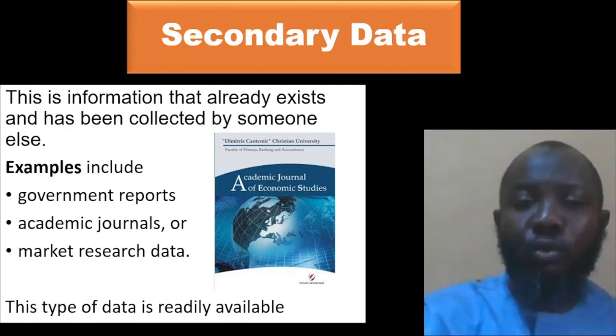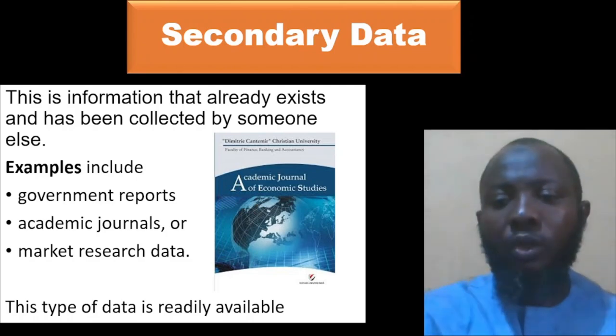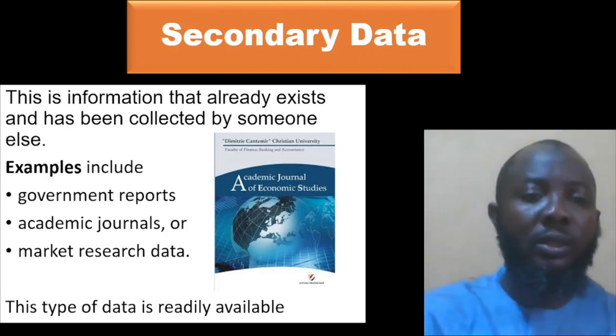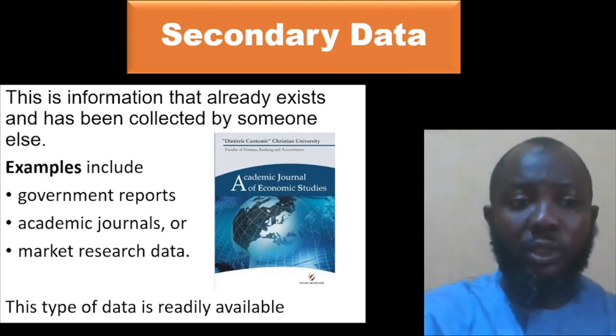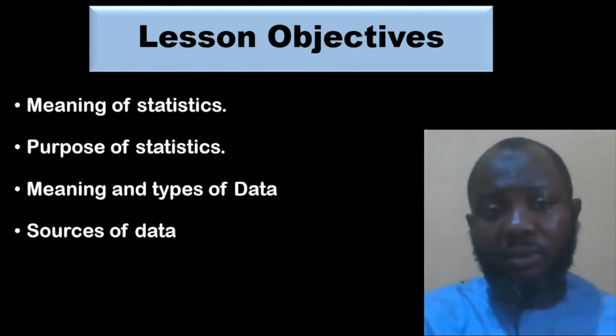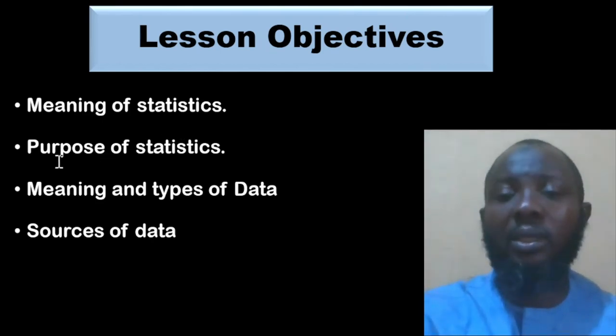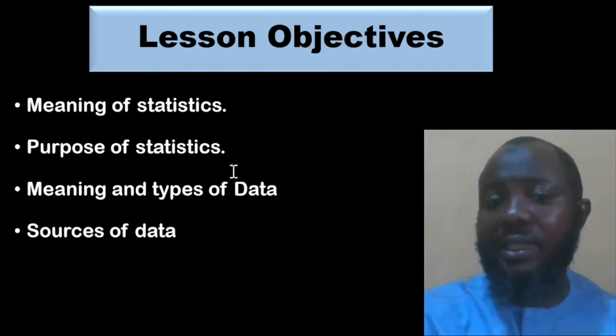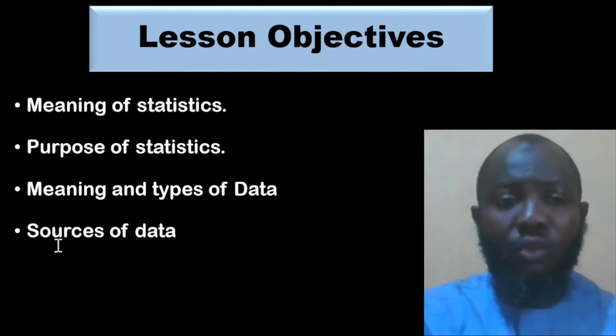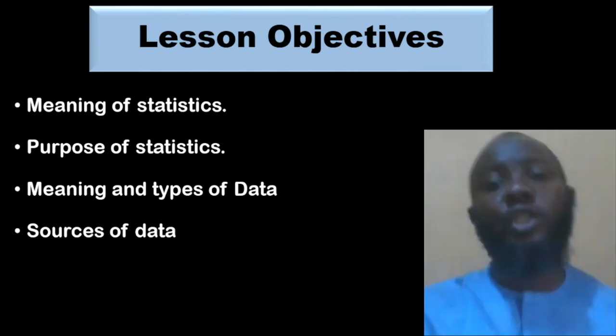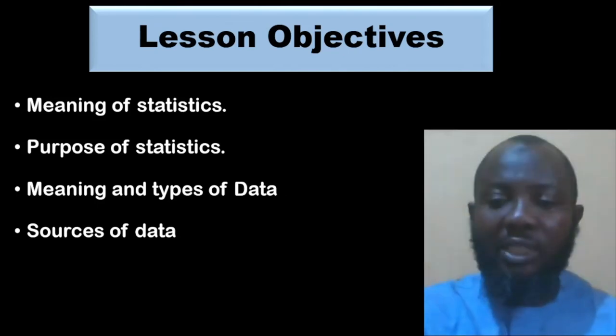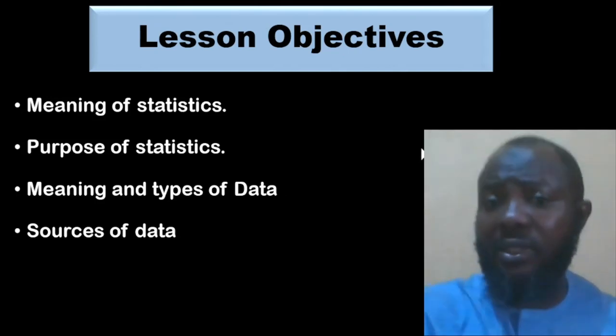So we've been able to look at all the aspects that we said we were going to touch and our objective. The meaning of statistics, we've looked at the purpose, we've looked at data and the sources of data. So in our next class, we then go into the calculation aspect of statistics, which is very interesting.